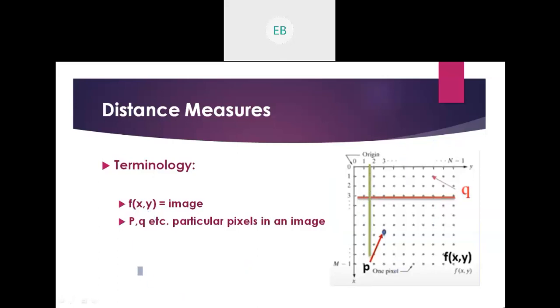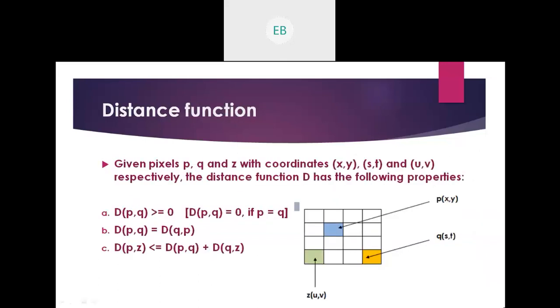And p and q are some random pixels of an image. You can take them as a, b, or r, s, any two variables. So these are some random pixels in an image. Let's take pixels p, q and z.